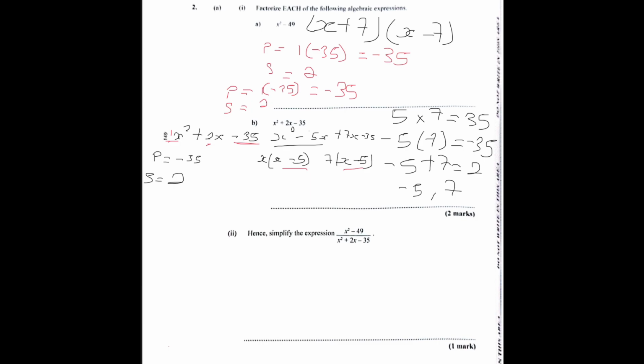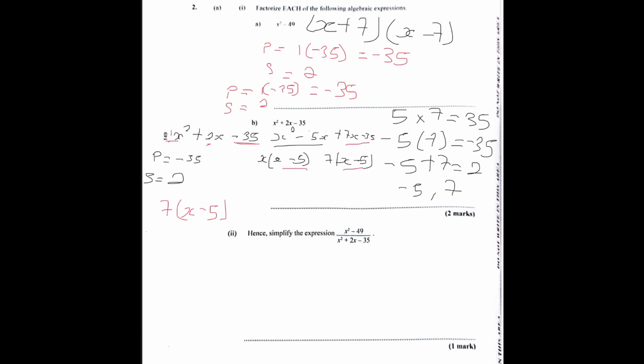We find this sign by multiplying 7 by whatever is inside the bracket. But remember, when we multiply, we need to get back plus 7x subtract 35.